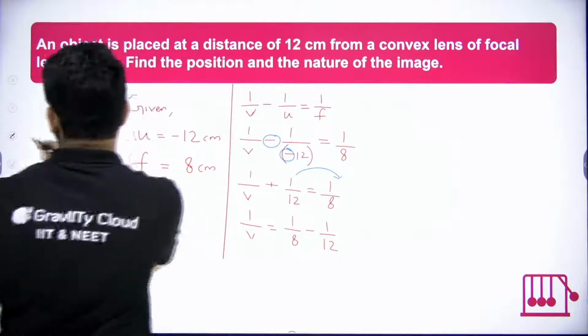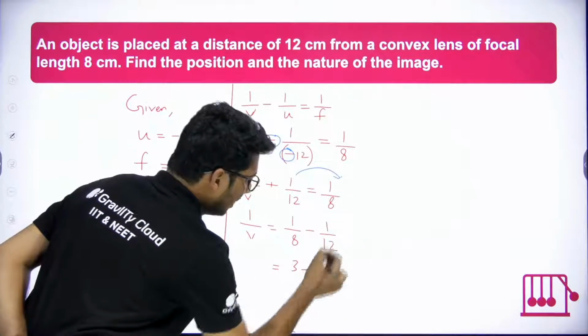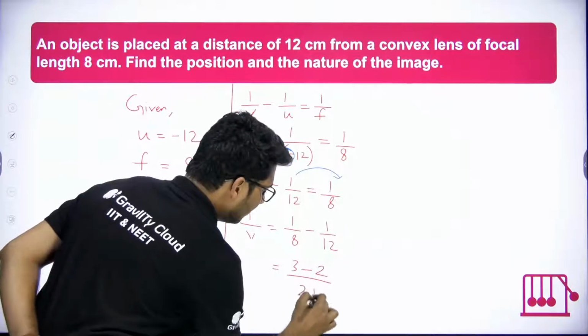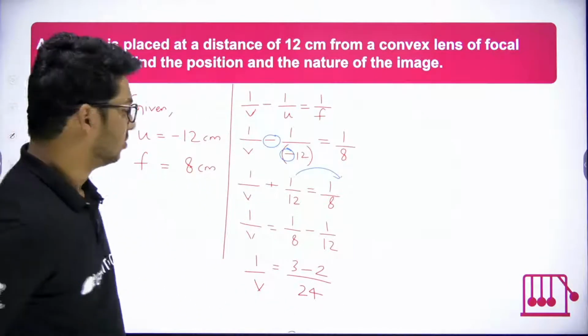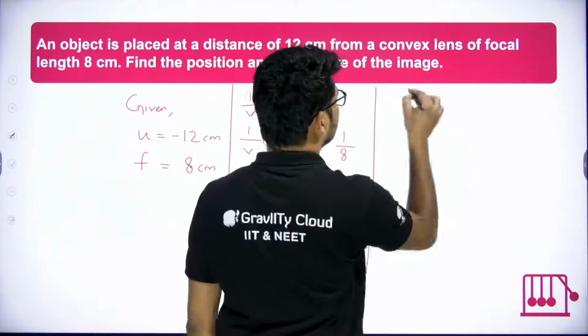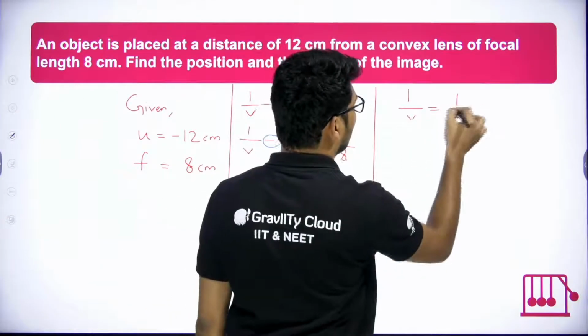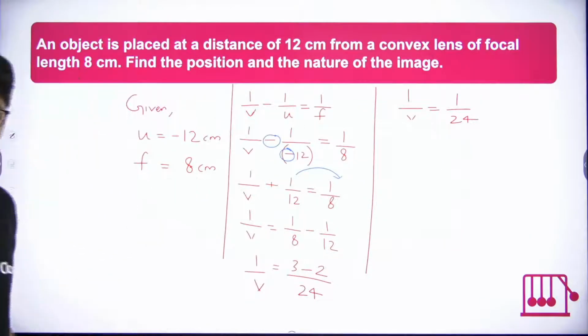Yes or no? 24 will be the LCM. So 8 3s are 24, 12 2s are 24. So 3 minus 2 by 24, and that is 1 by v. That means 3 minus 2 is equal to 1. 1 by v is equal to 1 by 24.